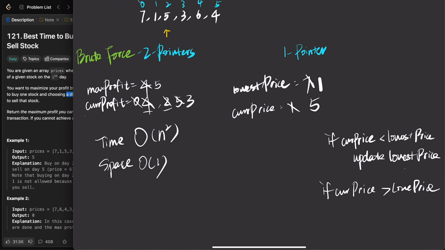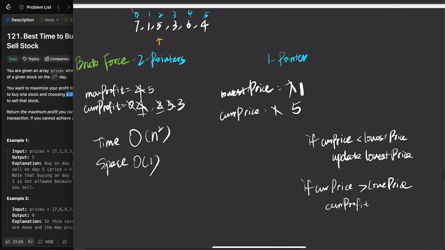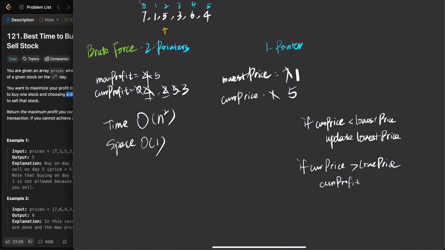And the current price turns out to be 5, and we can calculate the current profit now, right? Because there's a lowest price on a previous day, it means that I can buy on that day, and now it's greater than the lowest price. We can earn some profit now, so we can update the current profit, which equals current price minus lowest price, right?